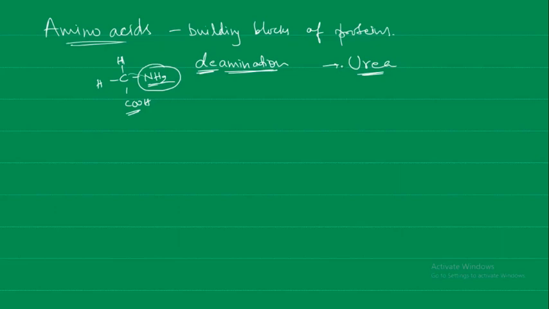Whatever remaining part of the structure is there, this 2 carbon part, can be utilized further for making glucose within the body. You know that in human urine, the nitrogen is excreted in the form of urea, not in the form of ammonia.